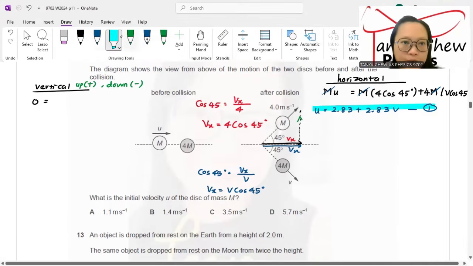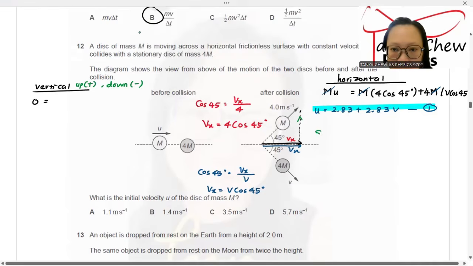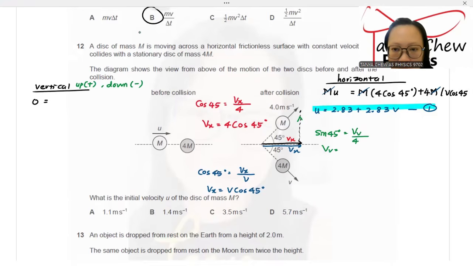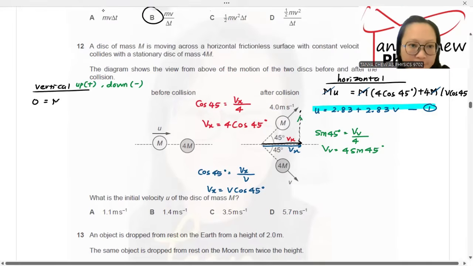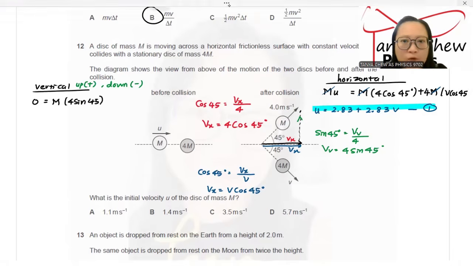Sine 45 is equal to V vertical over 4, so V vertical has to be 4 sine 45. Upwards is positive, so I put 4m, mass times velocity, 4 sine 45 degrees.